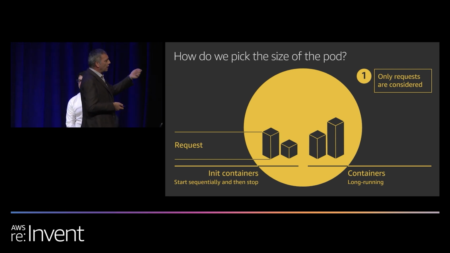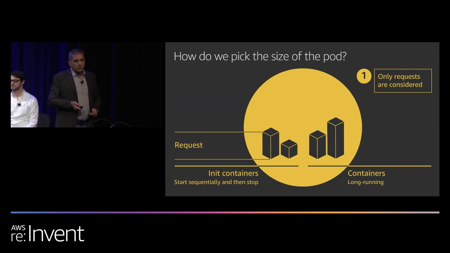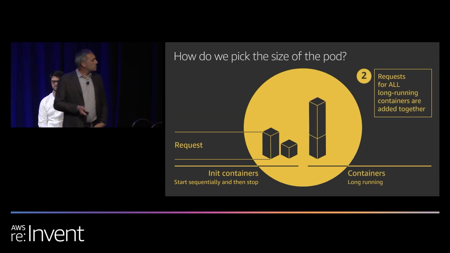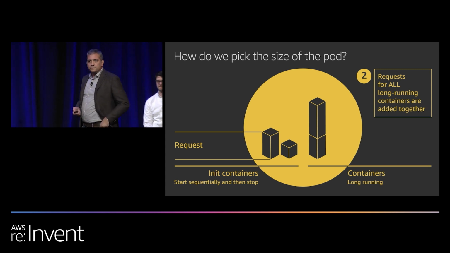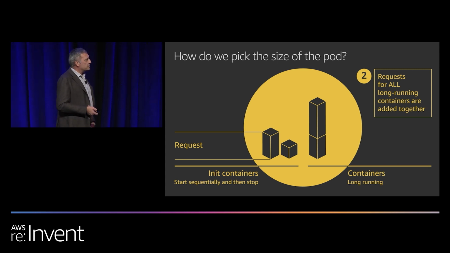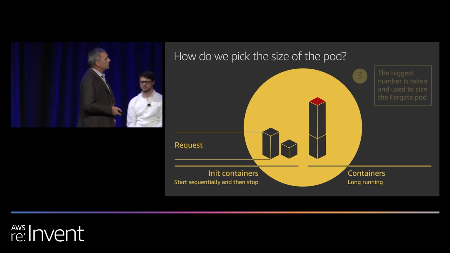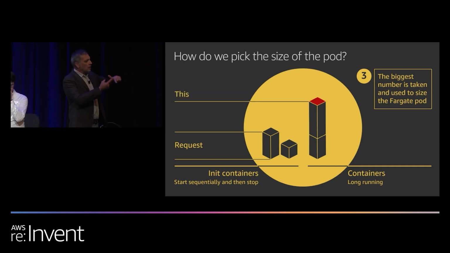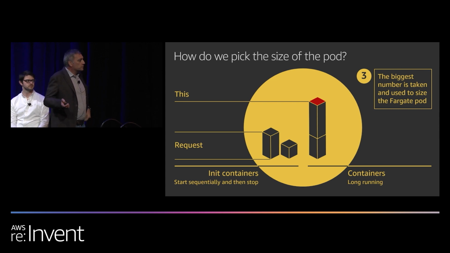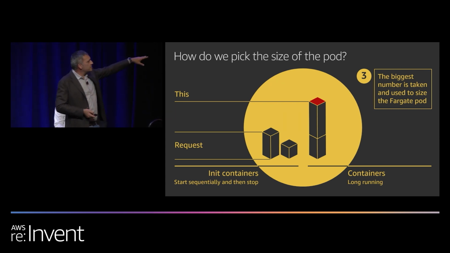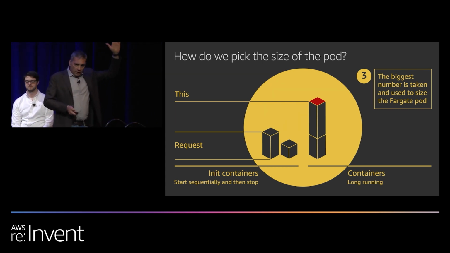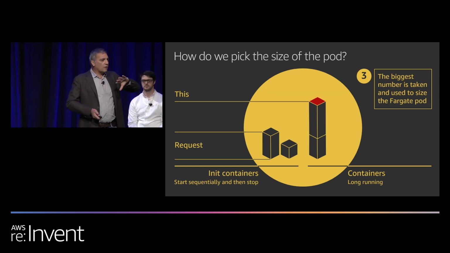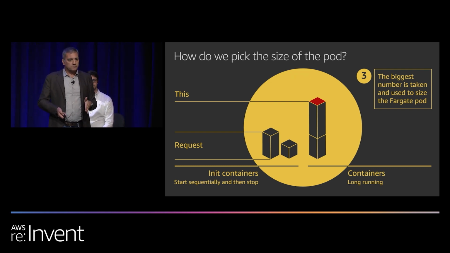Then, since the long-running containers are long-running, we add them together. What happens next is that we pick the highest number between the individual init containers and the sum of the long-running containers. That is the number, and we do this process for CPU and memory, which we use to configure CPU and memory.